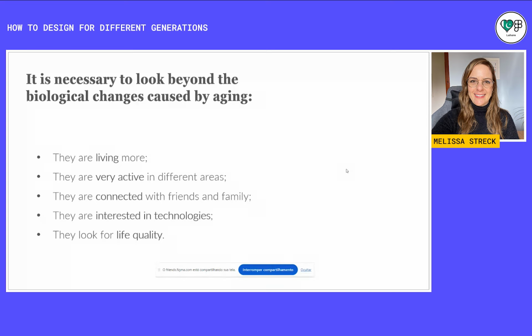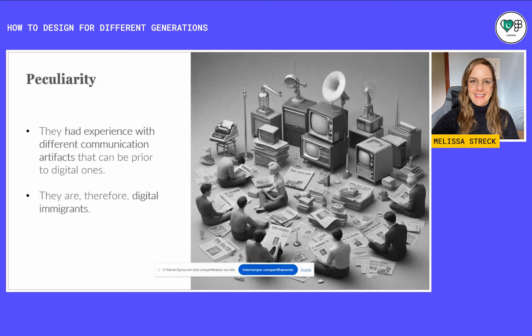They are very active in different areas: they go to the gym, they see their friends, they do a lot of activities, they are connected with friends and family, so they are usually very social. They are also interested in technologies, and they look for life quality. This is happening even more.